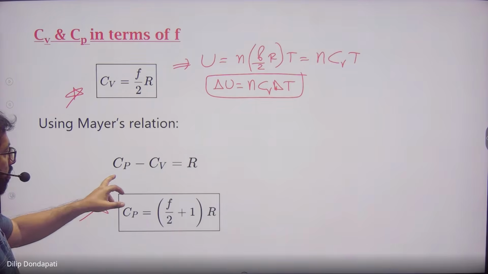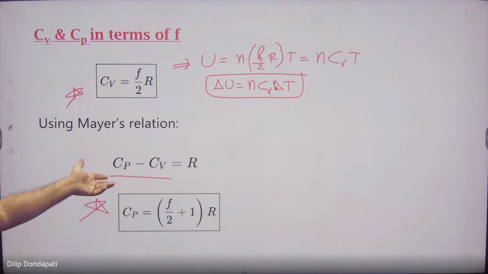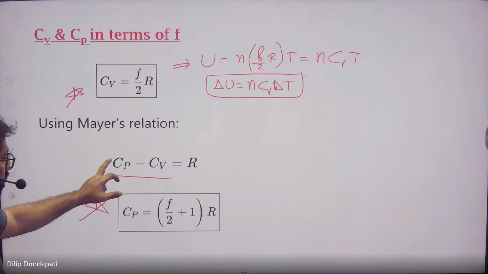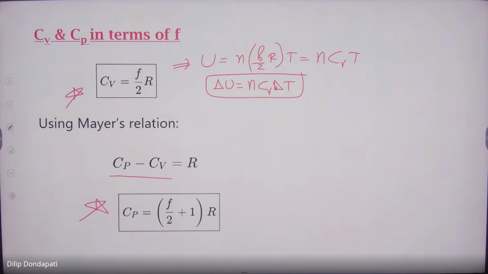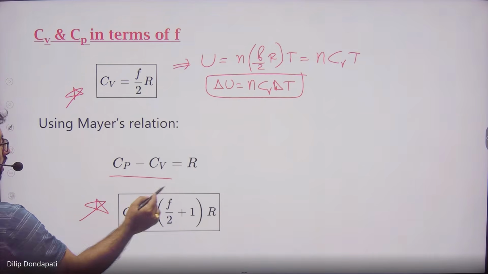Now in Mayer's relation, I can write in terms of small c also. This is m times, so it will be NR. If you are writing small c, what is the relation?